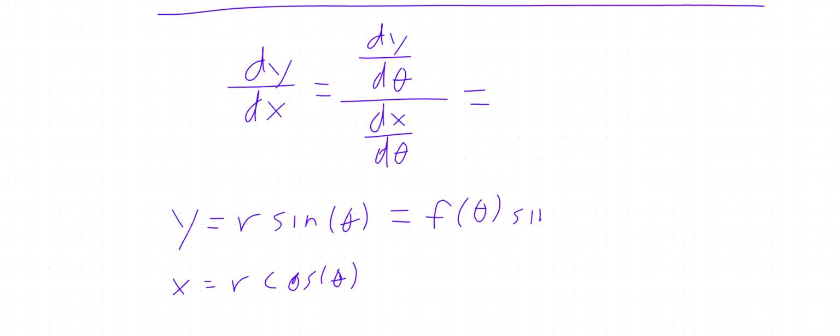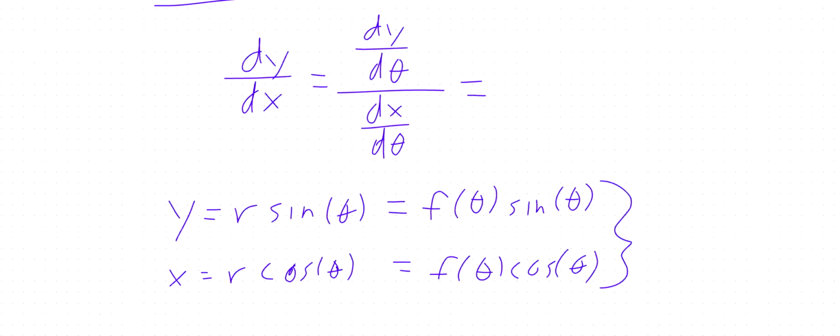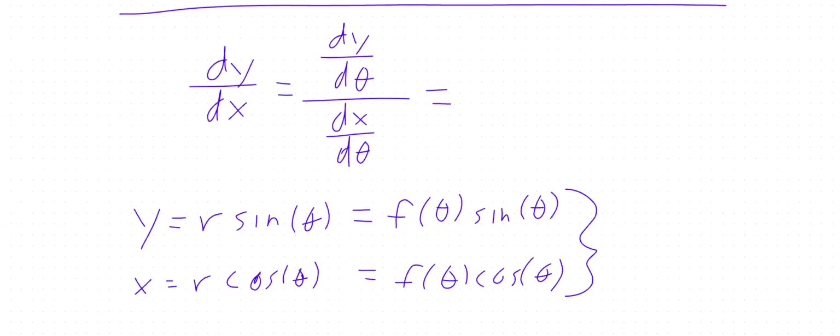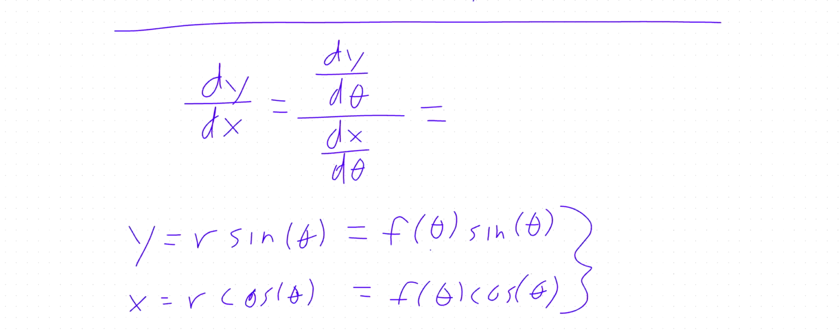We typically want r by itself if it's just r's and thetas, so we can rewrite it this way. Now that we have functions of theta, we can then take those derivatives. And now I'm going to not use the f of theta. I'm going to go back and just use the r, just to make that stand out and make life a little easier.